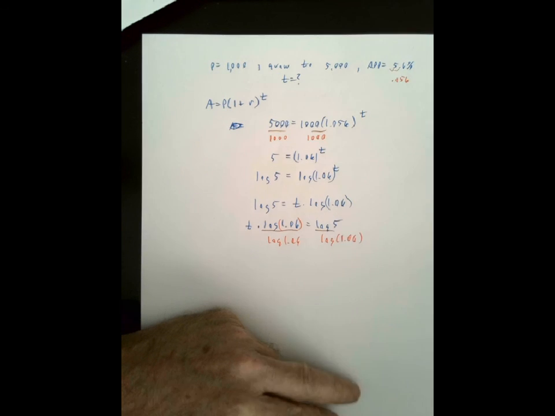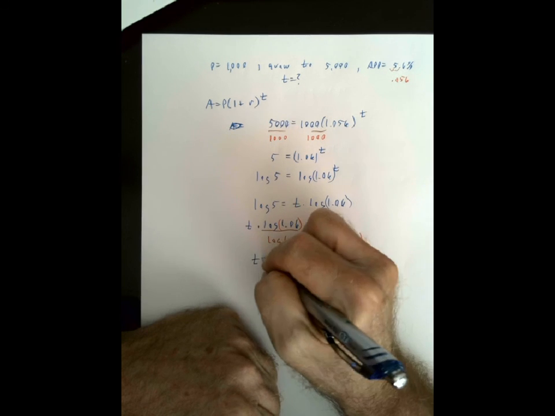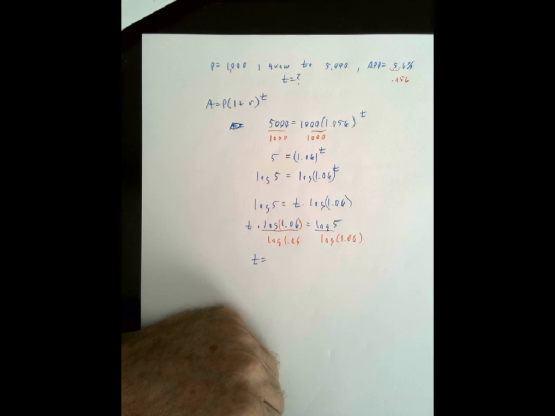So t is equal to whatever those work out to be, log 5 divided by log 1.06.